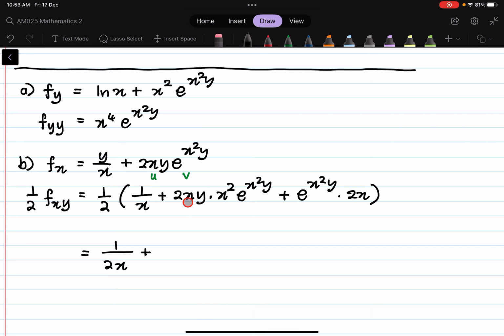So we have x cubed y e to the power x squared y, plus 2x e to the power x squared y, 1 over 2 times 2 is actually 1. So we have x e to the power x squared y now. So that's it.